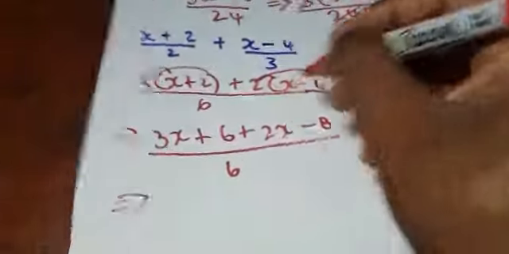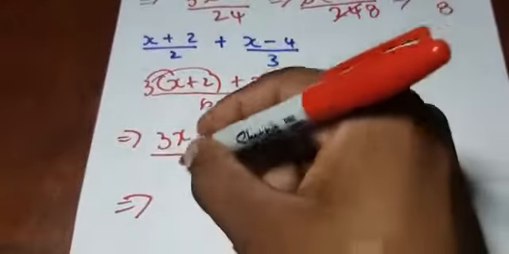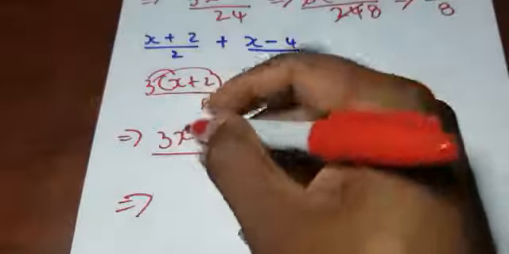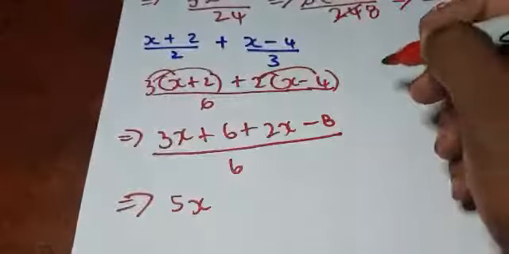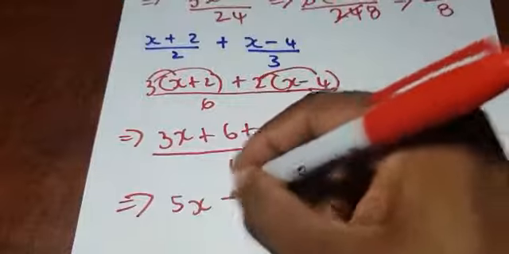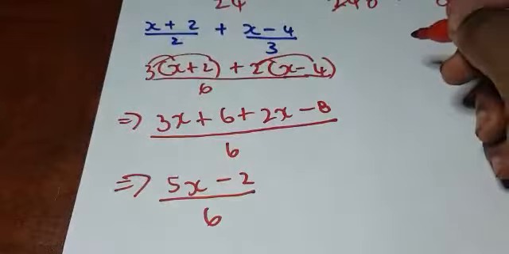So we can simplify above. I guess we can just straight off add it all. We should understand the grouping by now. So it would be 3x plus 2x, that's 5x. And then 6 minus 8, that's minus 2, all over 6.